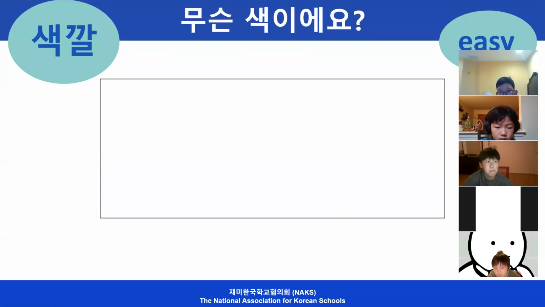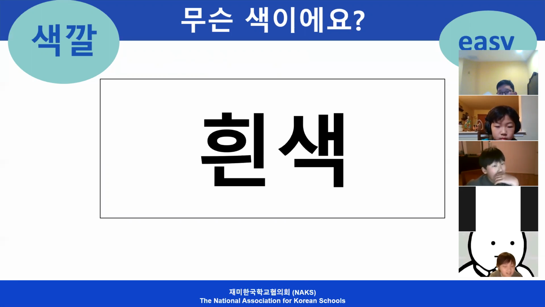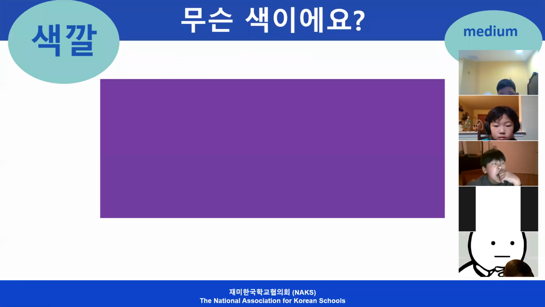All right, Simon, what is white? 흰색. Okay, what is purple? Aaron, what is purple? Oh, okay. We'll try another. Leon, what is purple?